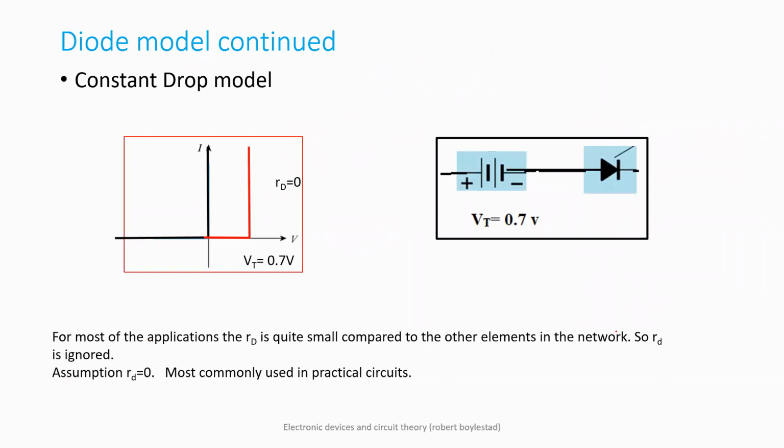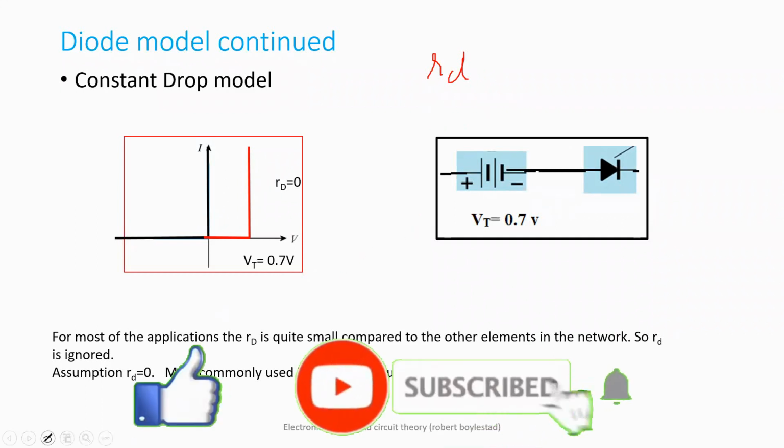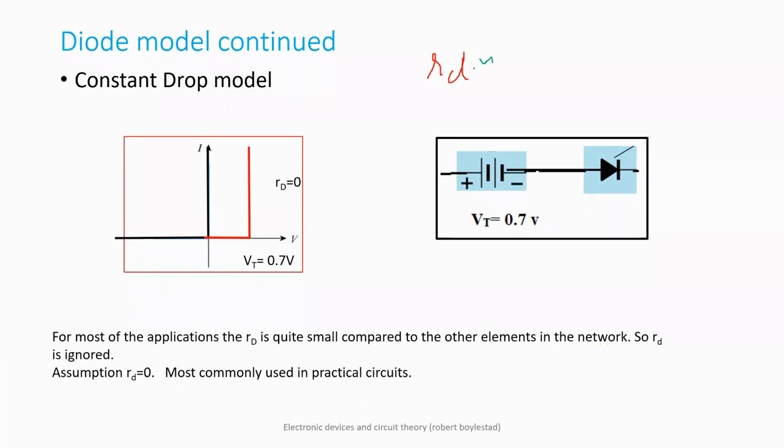So this is a diode model, and this is called the constant drop model. Normally the value of resistance is very small, almost 10 ohms or something like that. Taking into consideration that the value is very small, we take it as almost equal to 0.